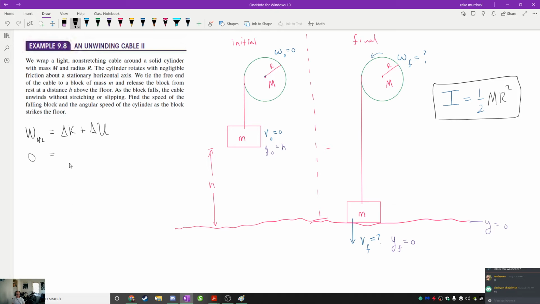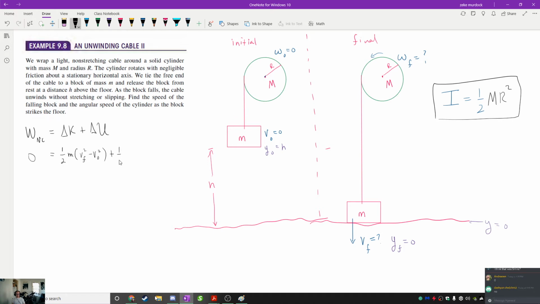So then change in kinetic energy is going to be 1/2. Now, the bigger mass is not translating, but the little mass is. So I'm going to write 1/2 m, little m, times v final squared minus v initial squared. So that's the mass of the box. The box is not rotating, but the other object is.